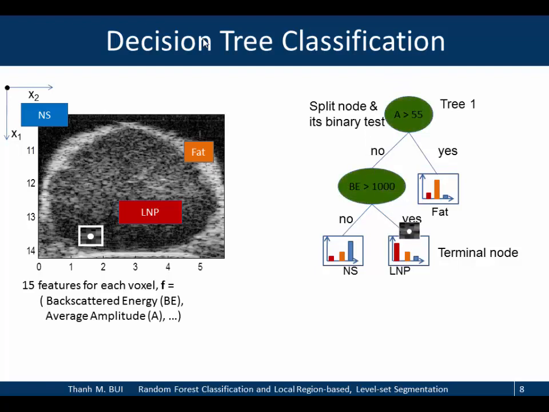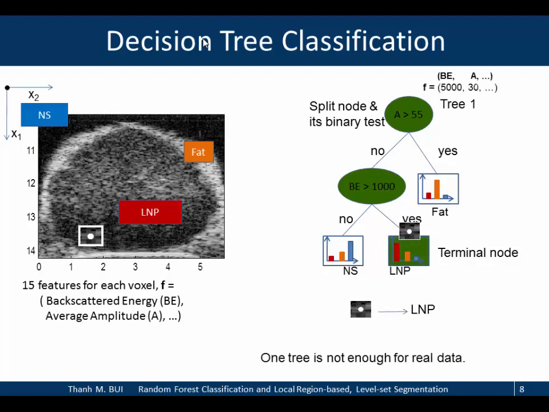At each node, the feature vector is sent left or right depending on the answer to the question at the split node. In this illustration, the feature vector reaches a terminal node where the probability of lymph node parenchyma is dominant, so we classify it as lymph node parenchyma.